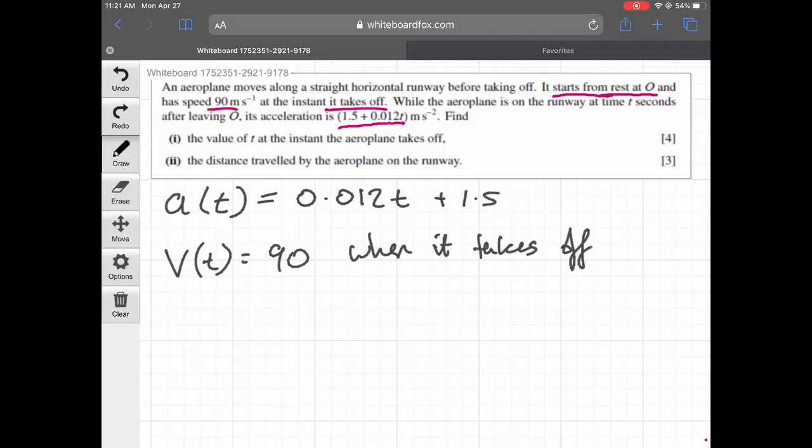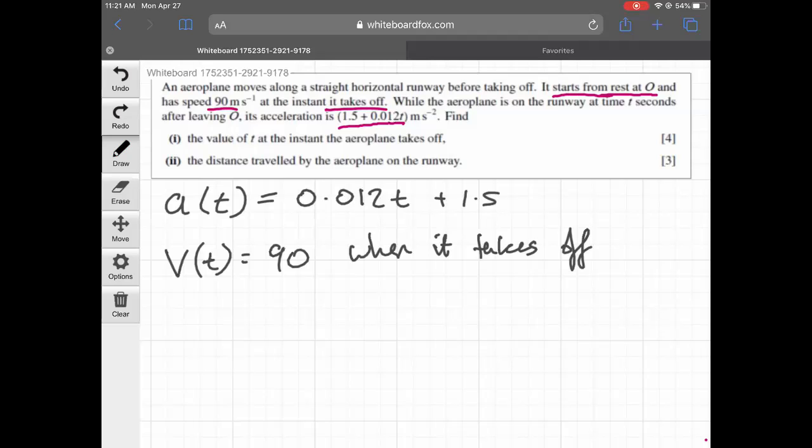So if we had an expression for v of t, we could set that expression equal to 90 and solve it to find t. That will tell us the time when the velocity is 90, which will tell us how long it takes to take off.